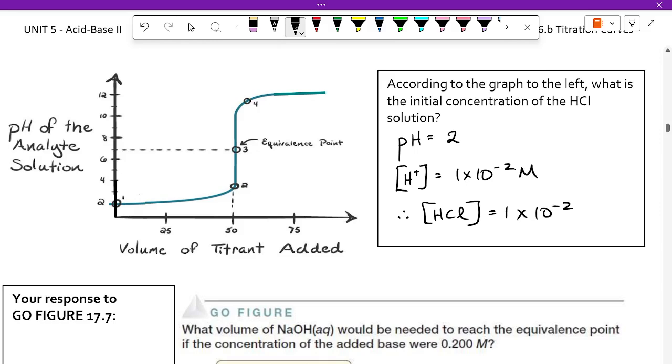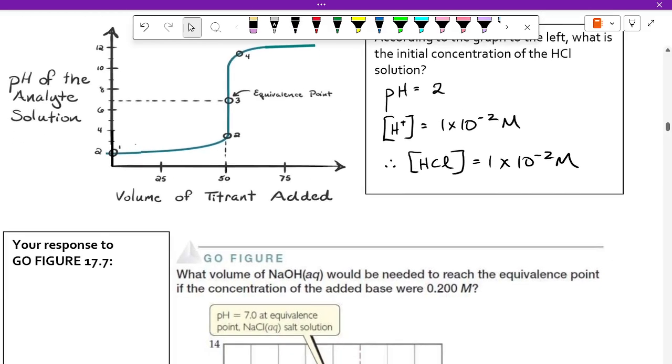Did you get 1 times 10 to the negative 2 molar? Yay! Okay, so now you're getting good at reading graphs.